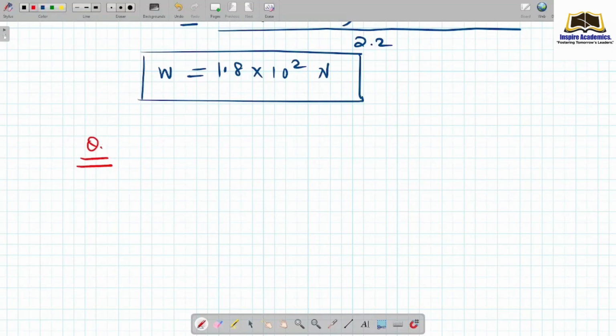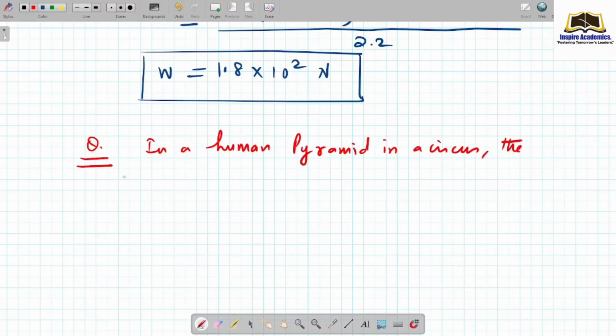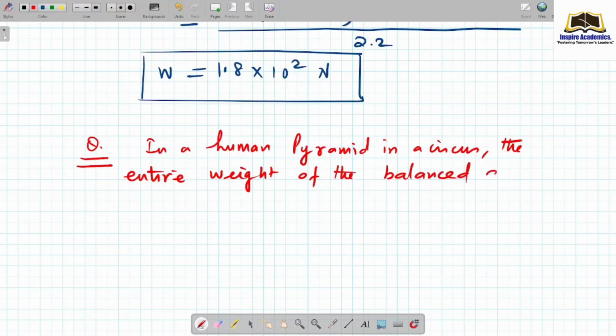In a human pyramid in a circus, the entire weight of balanced group is supported by legs of a performer.